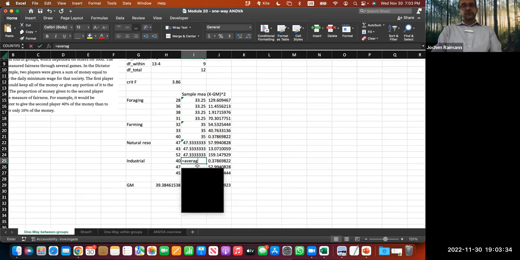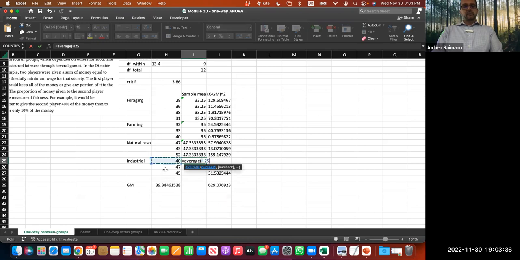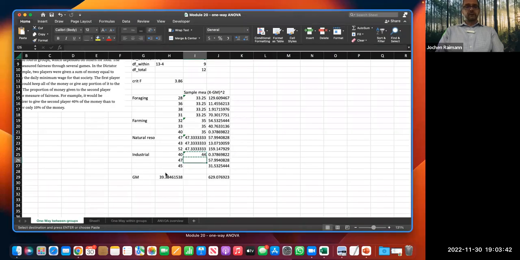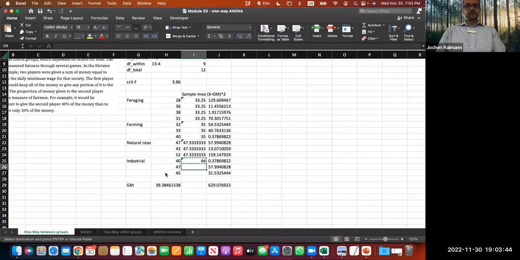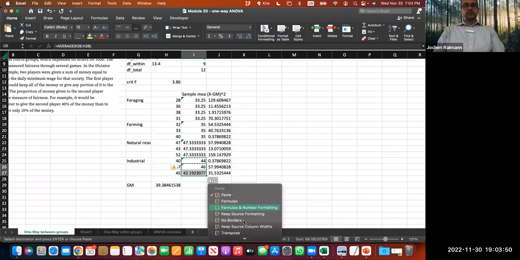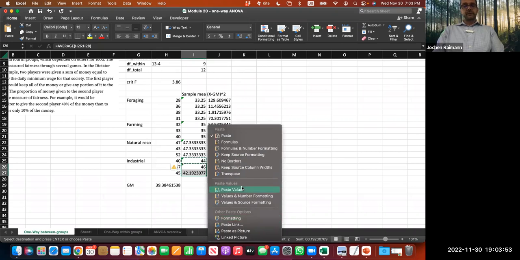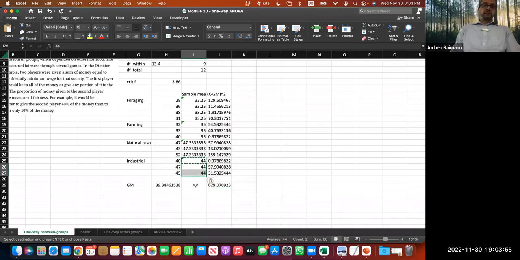So the average now can be propagated all the way down without repeating that formula, by simply calculating and choosing paste values. In many situations this is quite helpful to know.